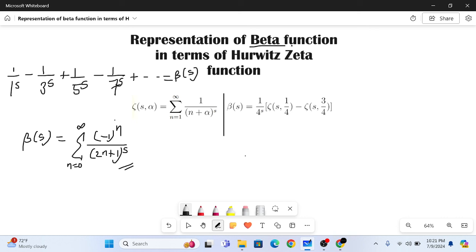Now I guess you know what the zeta function is. Yes, the zeta function is just the sum from n equals 1 to infinity of 1 by n to the power s. Now Hurwitz Zeta is slightly different.